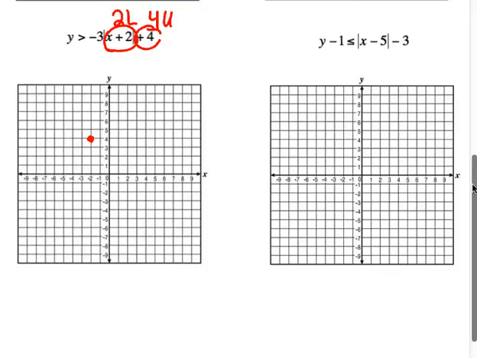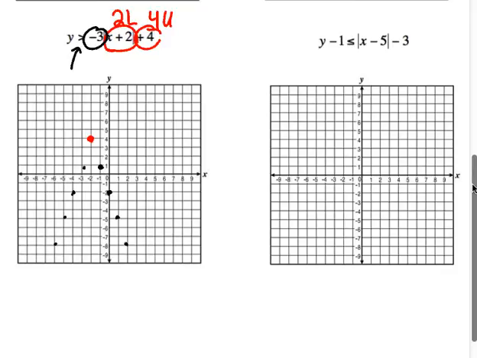Now I look at my stretching. Here I have a stretch of 3 and an x-axis reflection. That means it's going to be opening downward. So now I'm going down 3 over 1, down 3 over 1, so on and so forth. Then, of course, the exact same in the opposite direction. That's how I'm going to get my V shape.